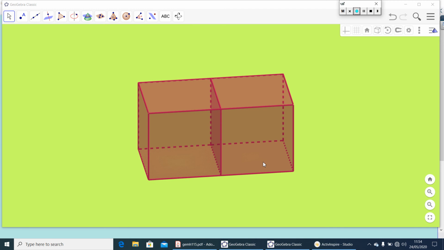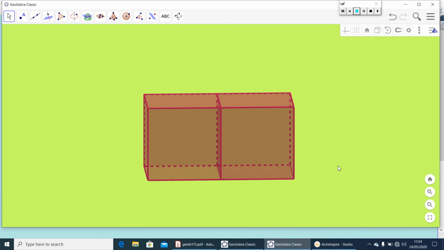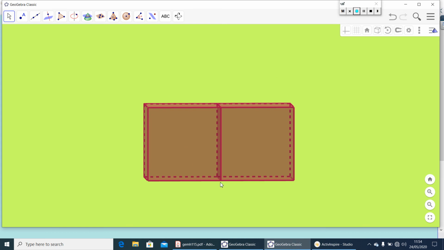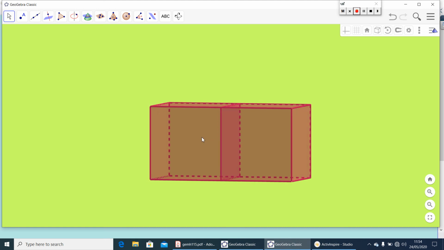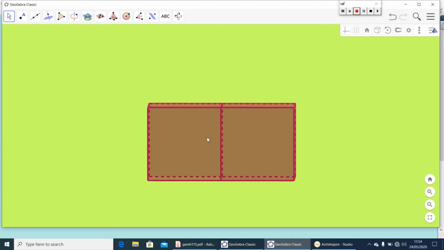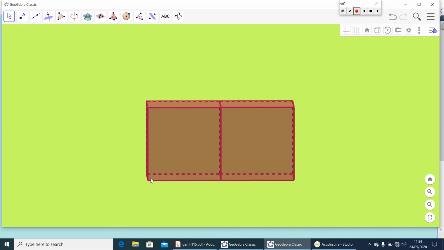Here two cubes are joined together, and each has 2 cm length, 2 cm breadth and 2 cm height. Now what is the length of the resulting cuboid? If two cubes join together, you will get a cuboid. Now what is its length? 2 plus 2, that is 4, is the length.